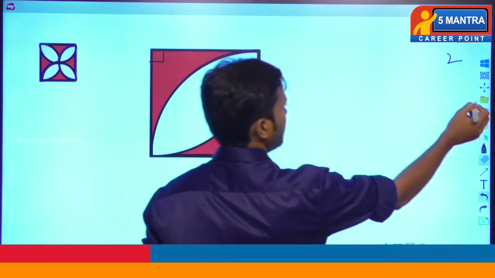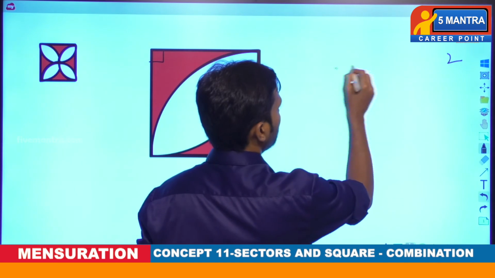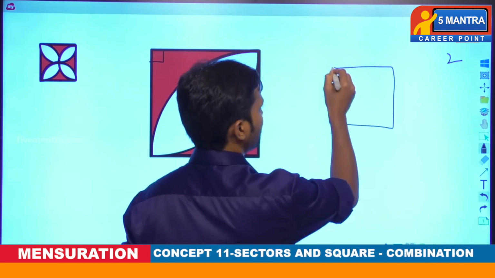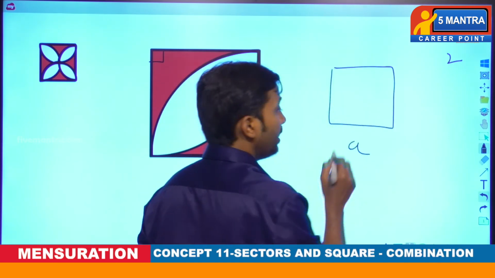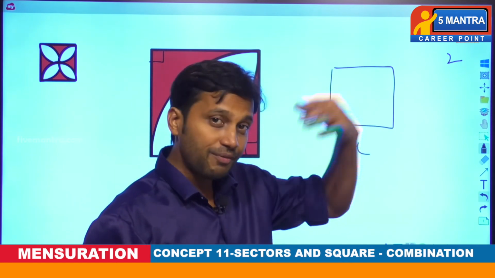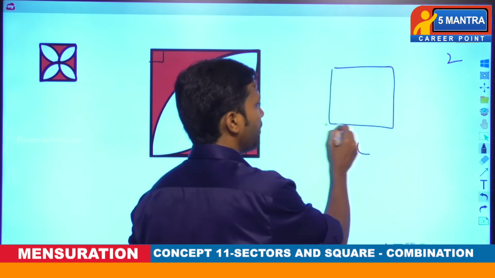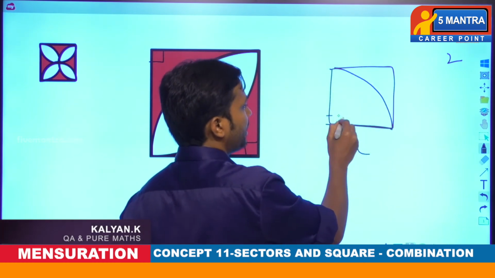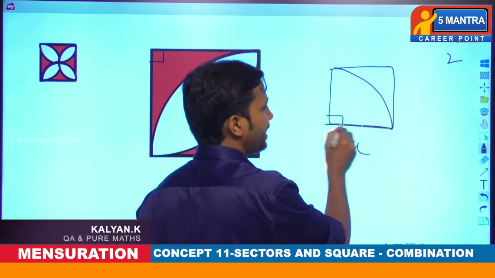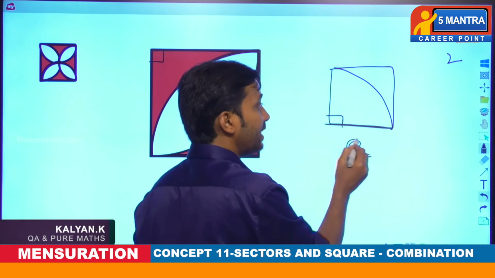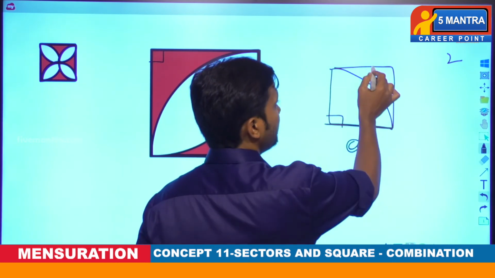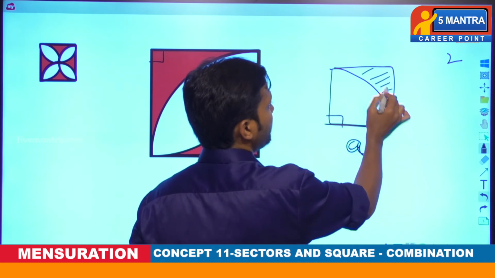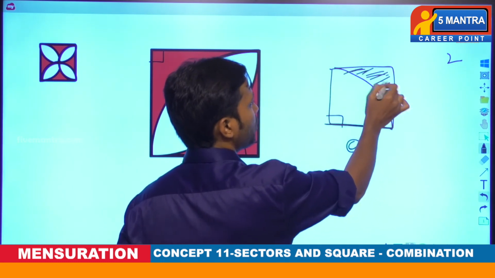Let us see here. This is a simple one, but for this you need to remember the previous basics. Here I had given in the previous concept 1 video, if side of the square is A and one sector of 90 degrees angle and its radius equal to side of the square is drawn inside the square, then what is the area of this left region or shaded portion?